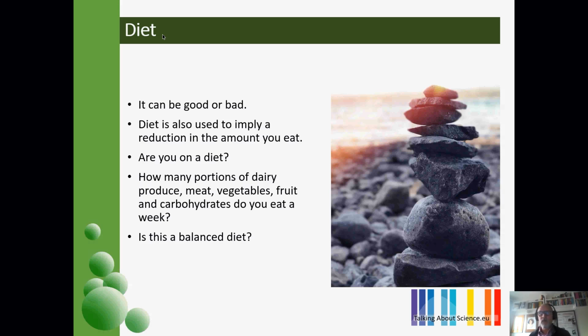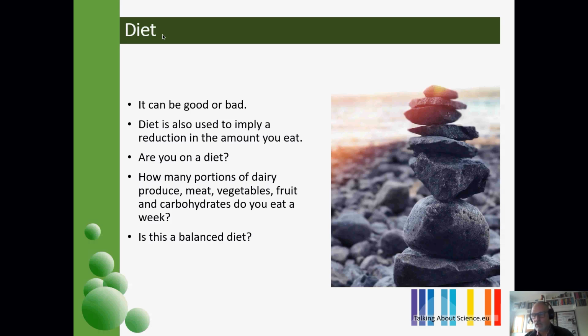So when we're thinking about talking about diet, we need to be thinking about different food groups, which food groups are present. Are they present in balanced amounts?